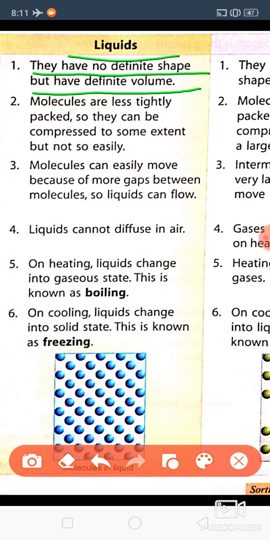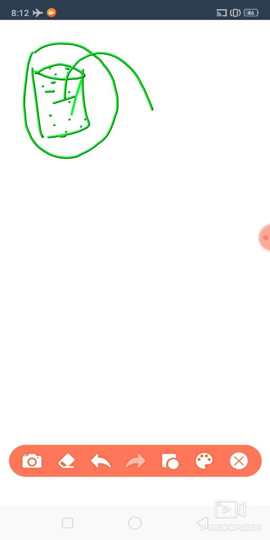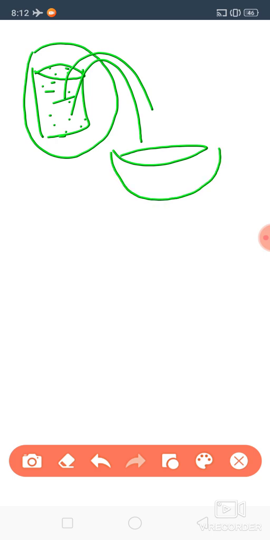Okay, what do you mean by that? Let's see. Suppose you take water into a glass. Okay, you are taking water into the glass, so it is taking the shape of this glass. Now if you fill this water into one bowl, then is the shape of the water changing or not?